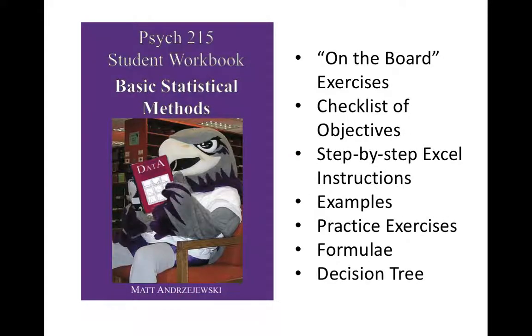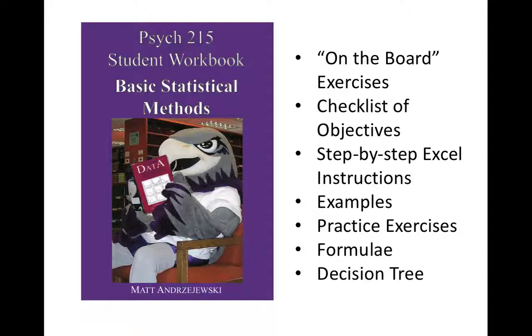I also have constructed a workbook. Now, in the face-to-face version of this class, rather than online, you would actually acquire this workbook from the bookstore. But all the units in this workbook are online. I think there's 11 or 12 units in the workbook. They correspond with the 11 or 12 units of the course.